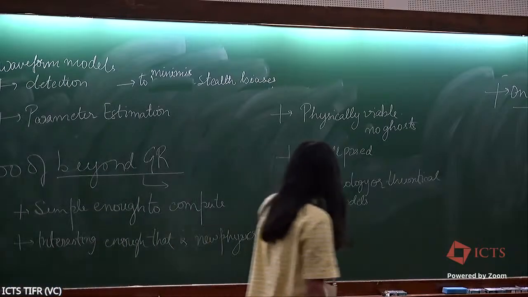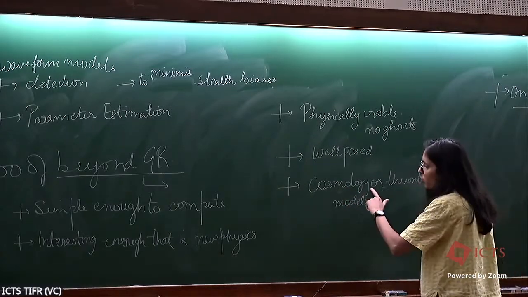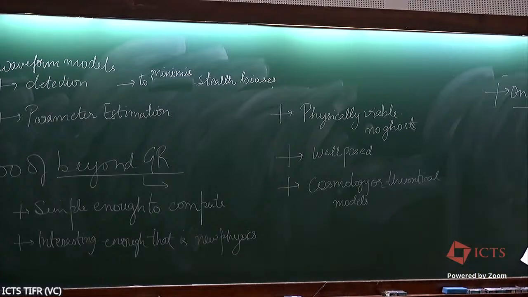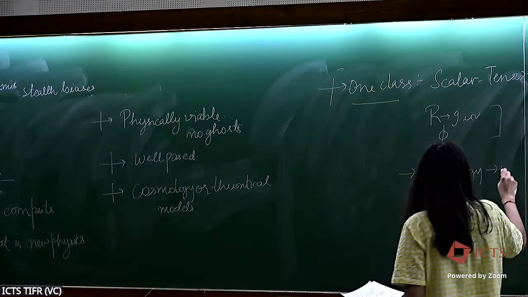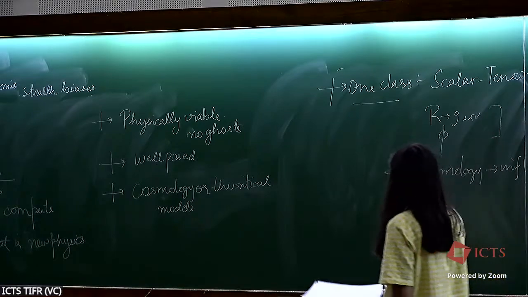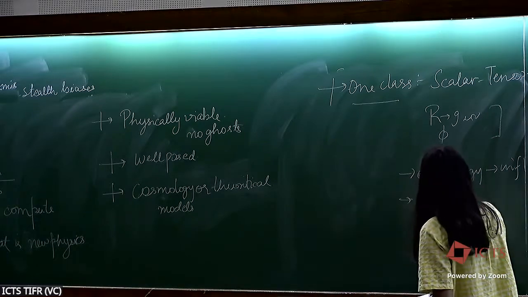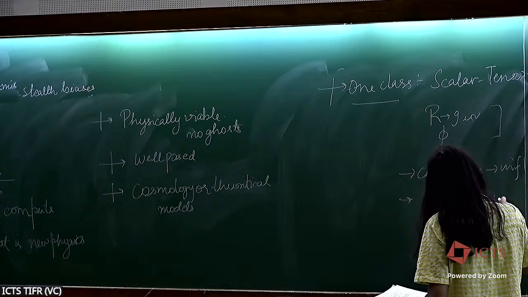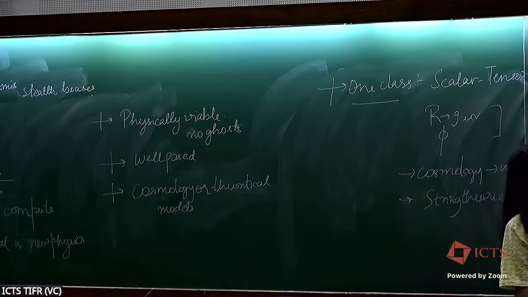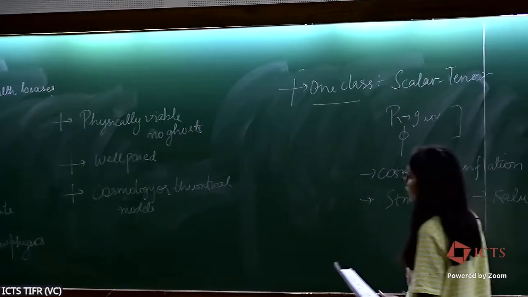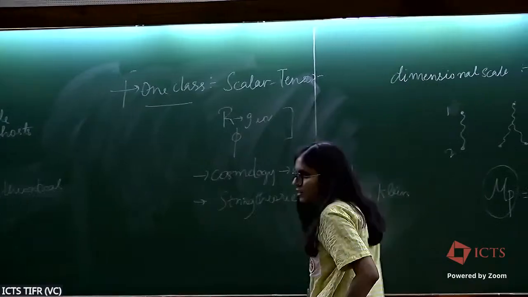This can be motivated from cosmology point of view if you want to explain inflation, for example, dark energy or dark matter. From theoretical models, they can also be inspired from string theories, like Kaluza-Klein kind of theories, where you consider higher dimensions, but that higher dimension can be compactified such that it behaves as a scalar field.